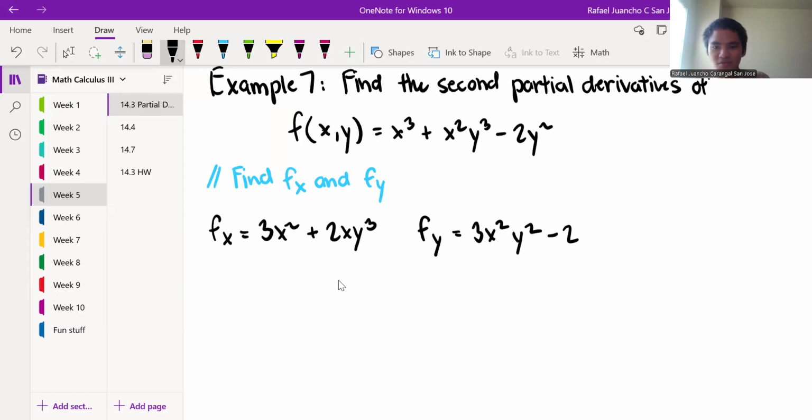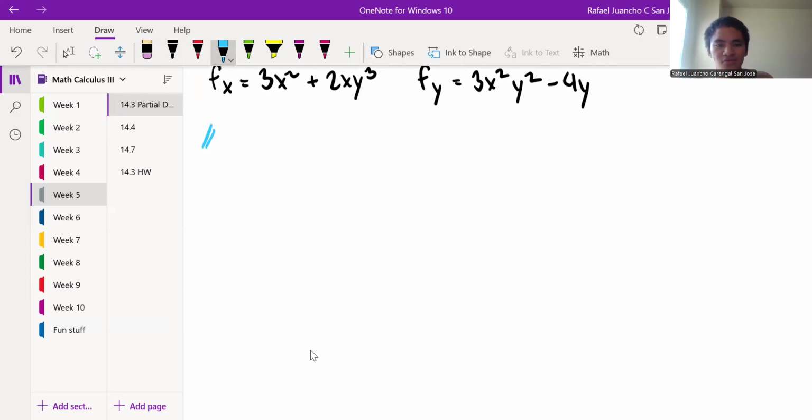I leave my minus 2 here. I bring down my 2 from my y squared, so I have minus 4y. And then that's it. Right? Done.